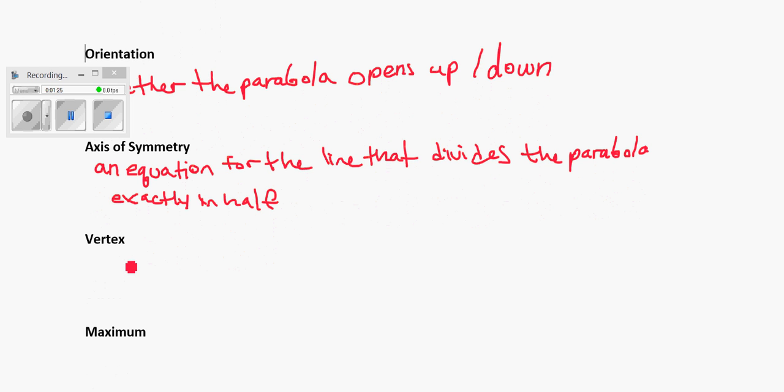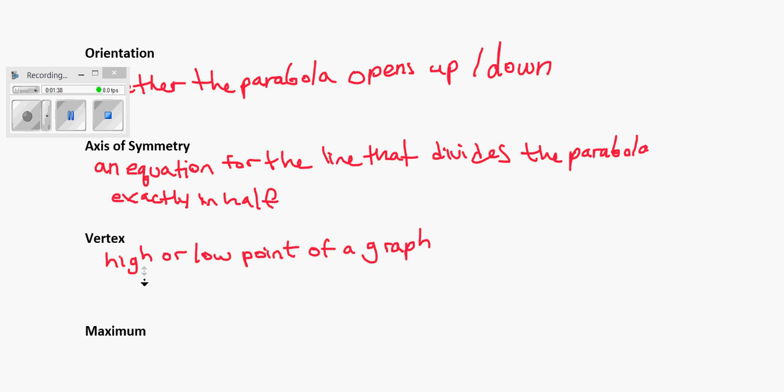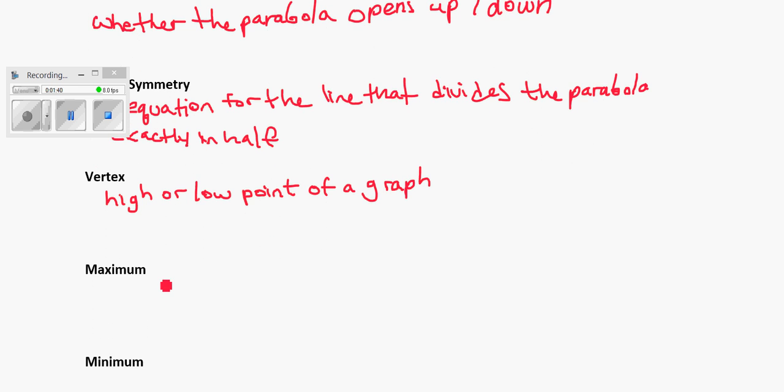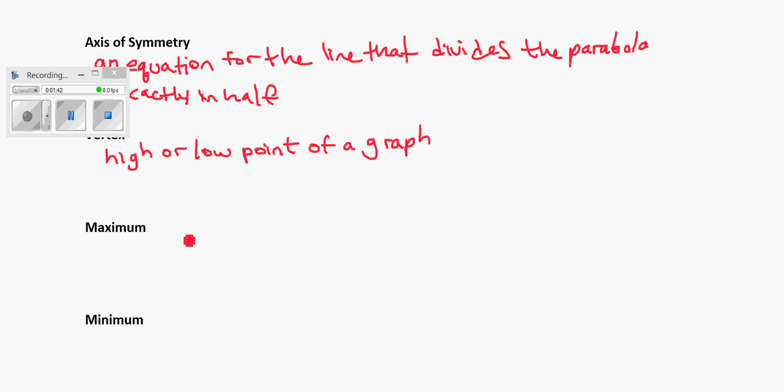The vertex is the high or low point of a graph. The maximum, okay, so we've got a maximum if a parabola looks something like this.